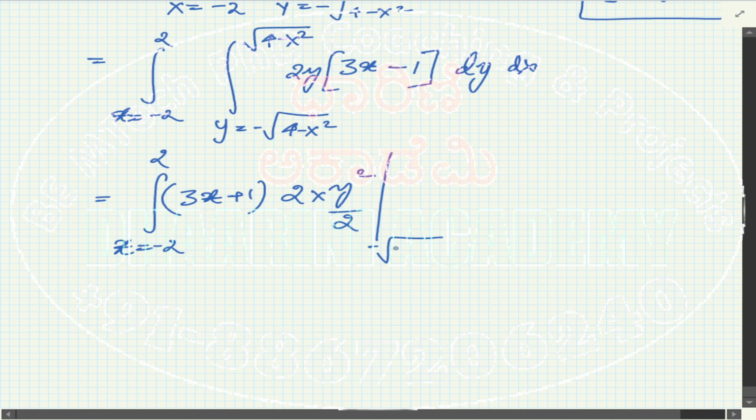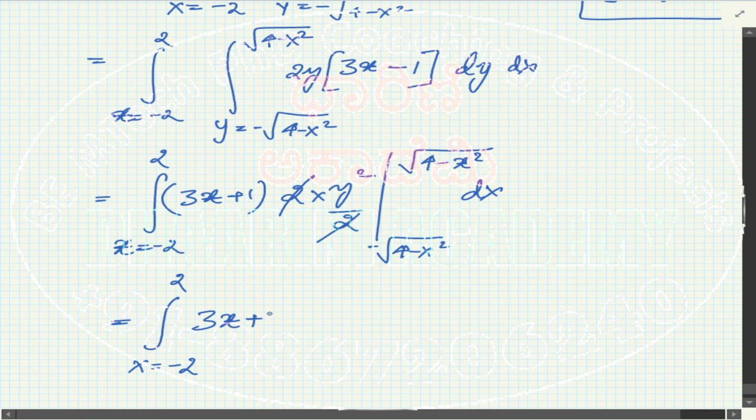This is minus root of 4 minus x square to plus root of 4 minus x square into dx. So the 2 will cancel.